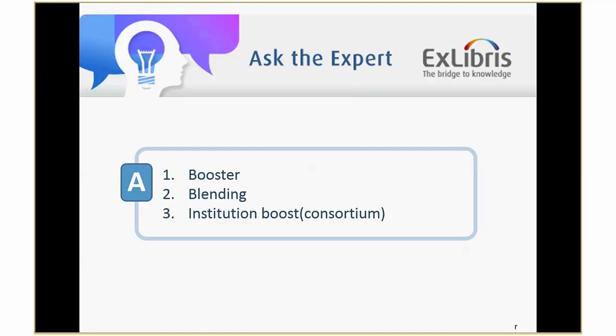Okay, so to sum up, the three things that we said are three ways that we talked about to allow to boost up, to allow certain collections, certain records, certain institutions, or like we said in plain, certain engines to be ranked higher, is the booster that we have in the normalization rules that we can set to a collection with a rule to those collections, to those records that we know that we want to boost up.